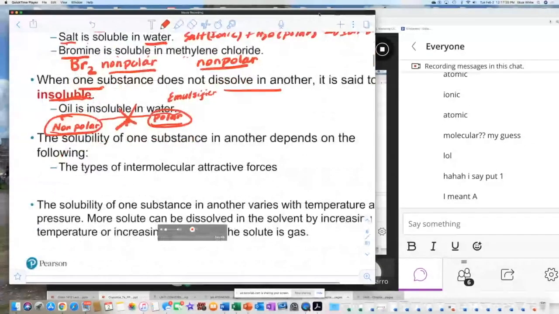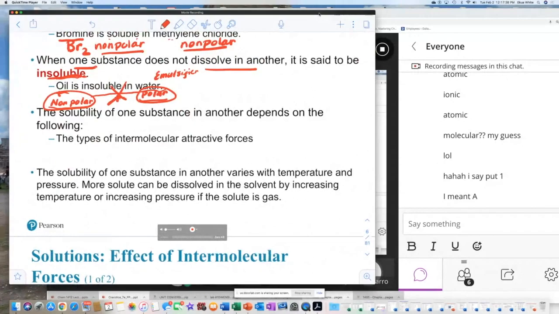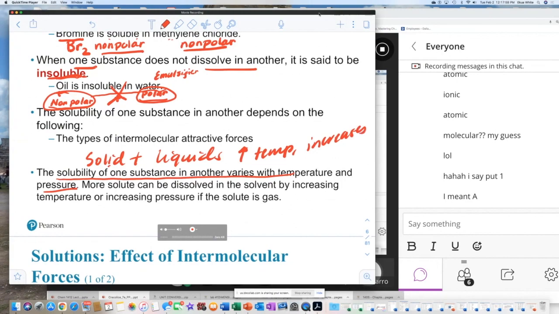Okay. So we're told that for the most part, when you're dealing with solids and liquids, so I'll say here for solid plus liquid solutions, the solubility of one substance in the other can vary with temperature. With solid and liquids, if you increase temperature, it increases solubility. And if you cook, this chapter will be fun for you because then you have a lot of personal experience with these.